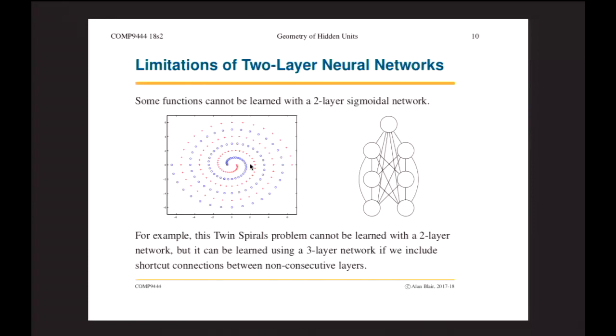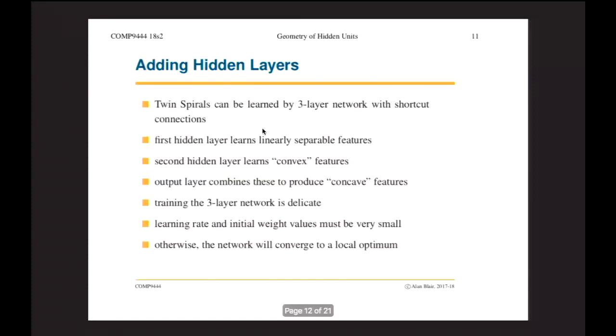The second layer features have a region where the inside is positive and the outside is negative, or vice versa, but usually it's a convex region. Convex means it doesn't have holes in it. But the third layer can include holes, so it can have concave regions. These are not precisely defined terms, but this is roughly the kind of features that emerge.